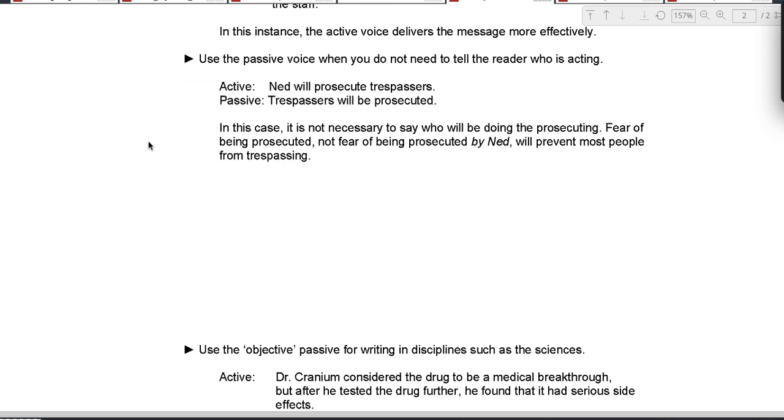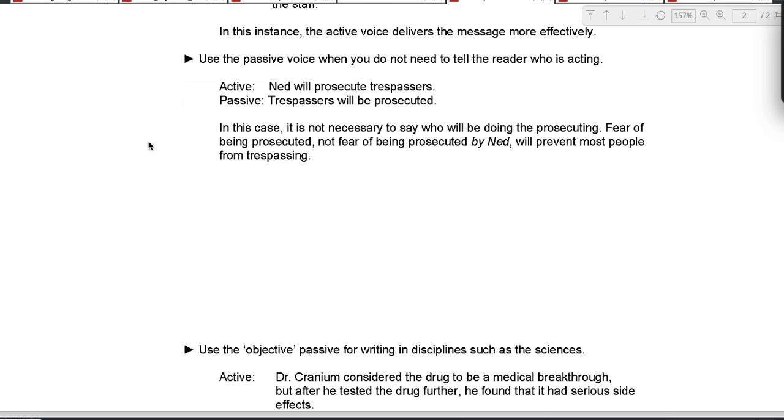Prosecution is important. So in this case, it is not necessary to say who will be doing the prosecuting. Fear of being prosecuted, not fear of being prosecuted by Ned, prevents most people from trespassing. So it's not really important who did it.